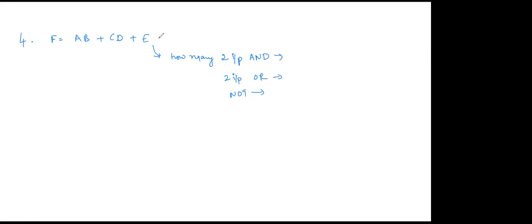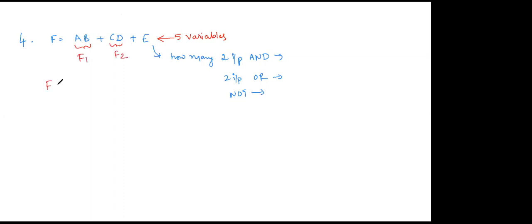Okay, it is having 5 variables. I ask you to reduce these 5 variables into 2 variables. In that process, make 2 variables as 1 group. So this is F1, this is F2.